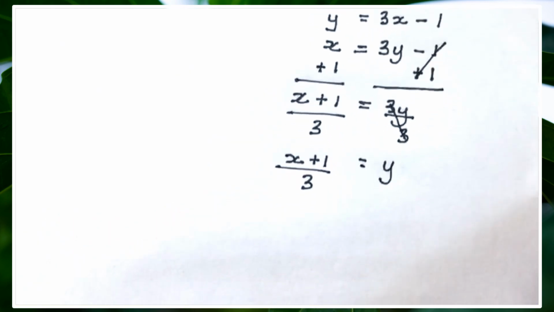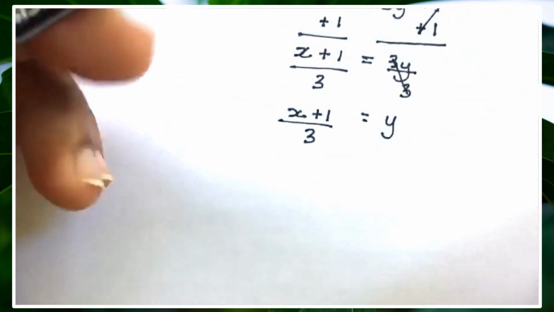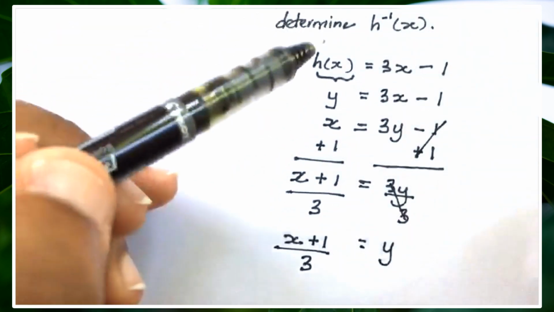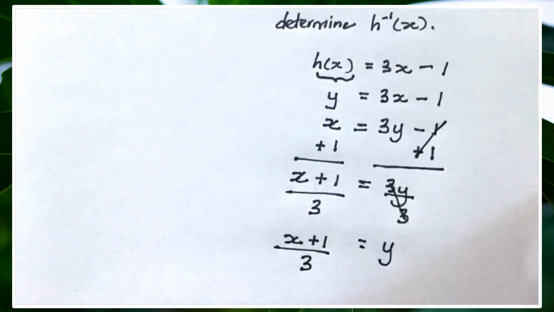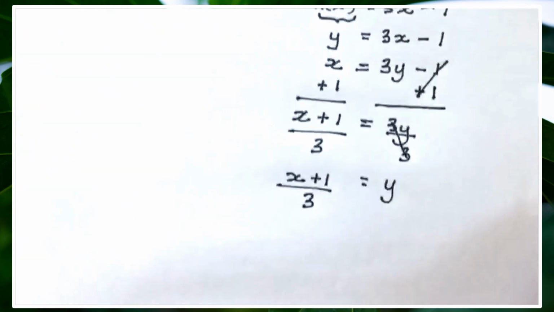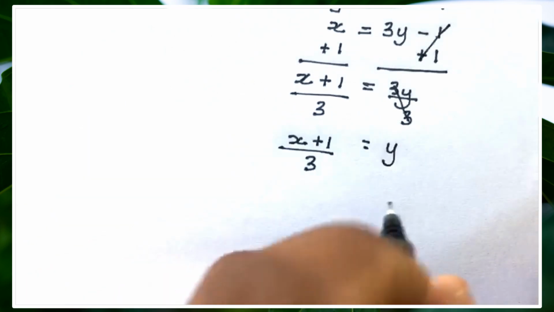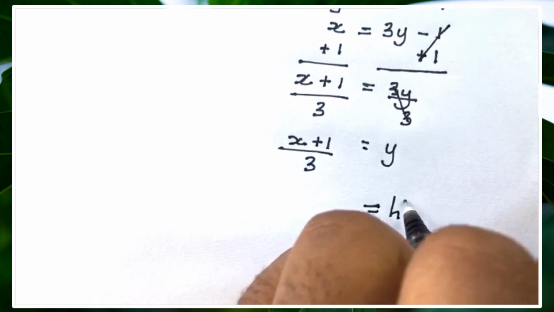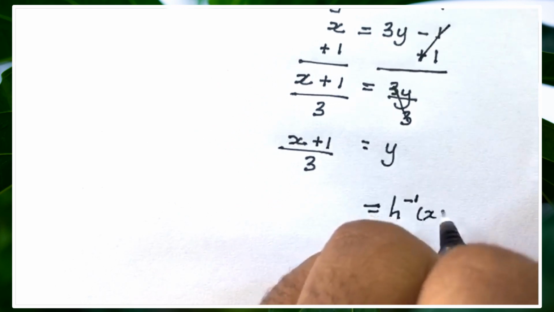Pretty much that's it. But the last step, remember that we had changed out the y. We had changed out the h of x for y. We need to change it back out now. So we're going to replace y with h inverse this time and x.